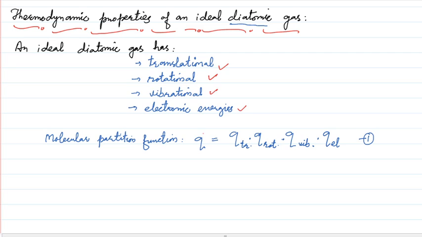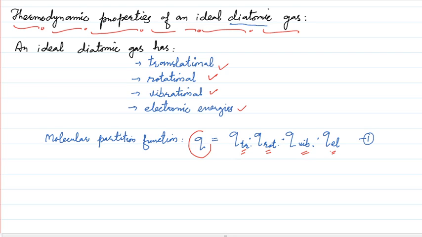So we can write the molecular partition function for a diatomic gas as the product of the translational partition function, rotational partition function, vibrational partition function and electronic partition function.